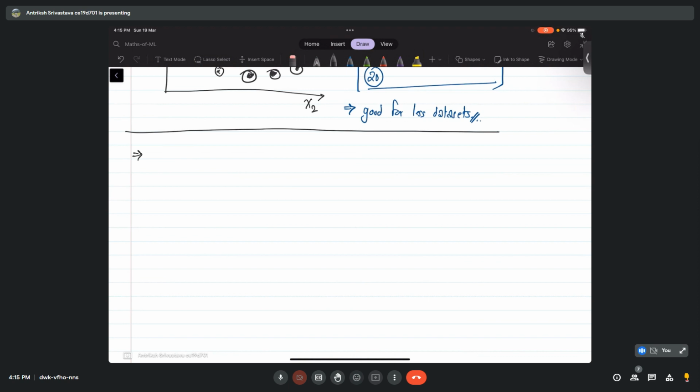So one more process to remove this multicollinearity or overfitting, to keep our model simple, is ridge regression. So let's discuss ridge regression.